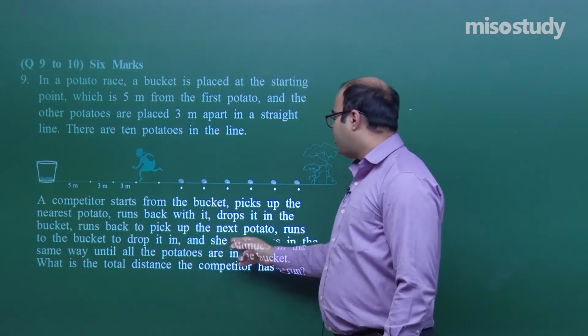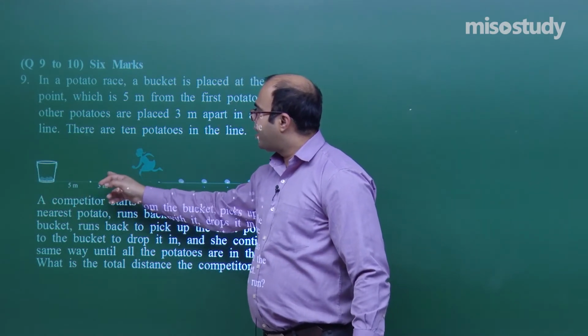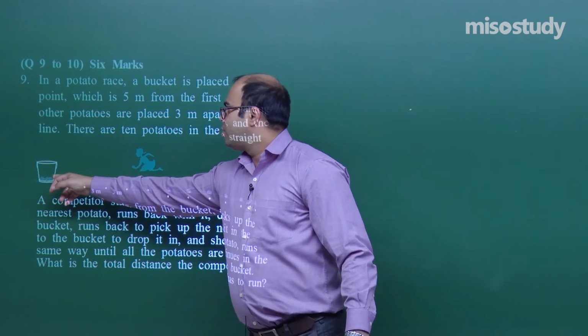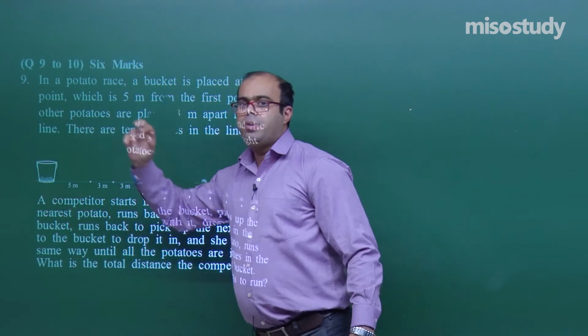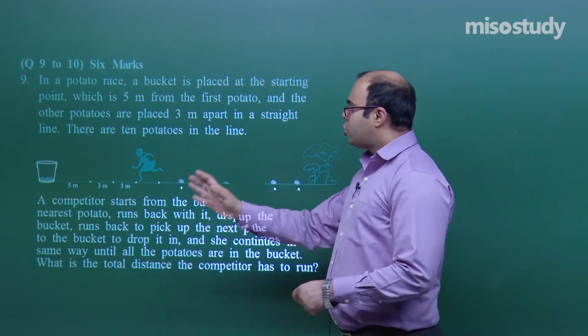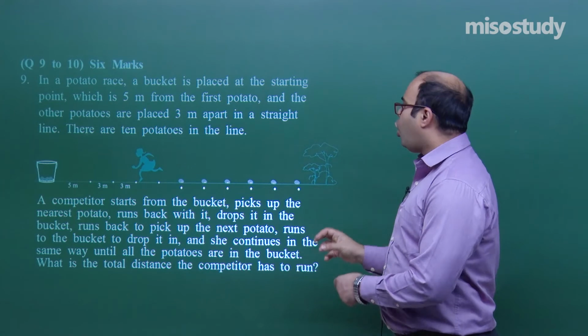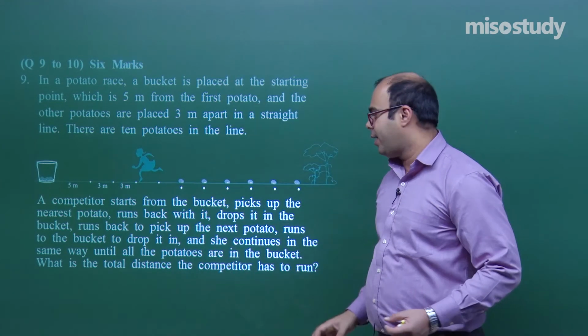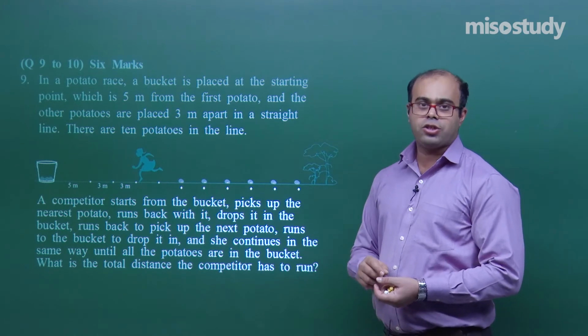Then she runs back to pick up the next potato, and again runs back and puts it in the bucket. She will run to pick up the third potato, and it will be dropped in the bucket again. So she will keep on doing this till she drops all 10 potatoes in the bucket. The question asks: what is the total distance that the competitor has to run?